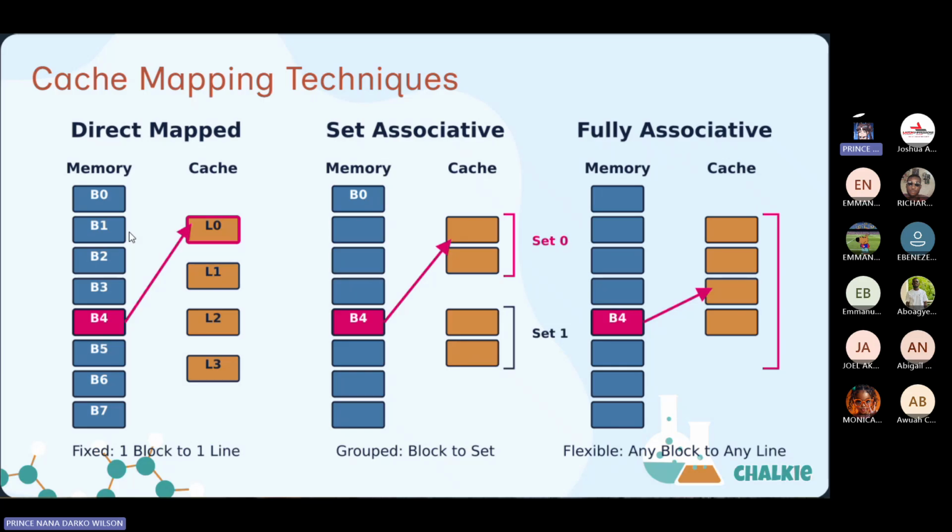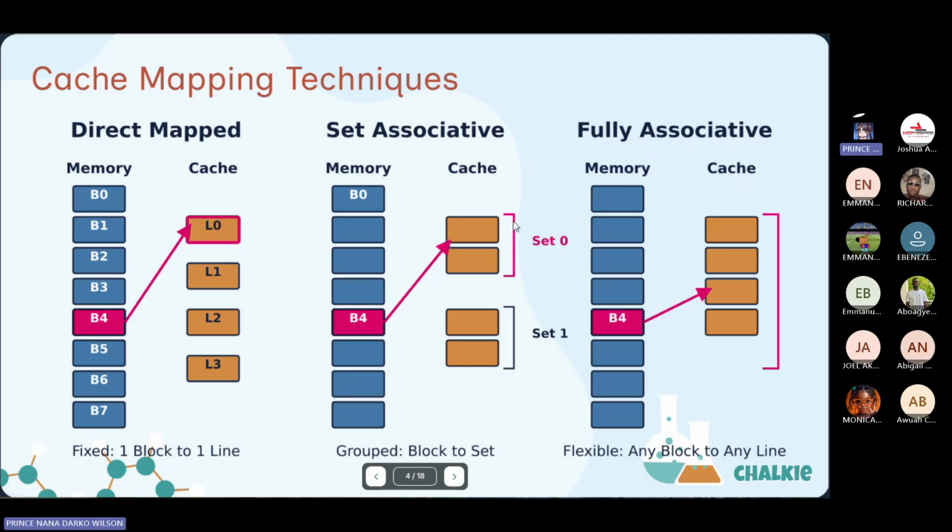The second one, the set associative, is moderate. It combines properties of the direct mapping with the fully associative in the sense that it maps particular data to particular sets. Each set is a group of a number of cache spaces. So this is what the lecturer was trying to explain in the previous lesson. Each set contains a particular number of cache spaces. We are employing the direct mapping in the sense that we are still assigning particular spaces to particular memory addresses.